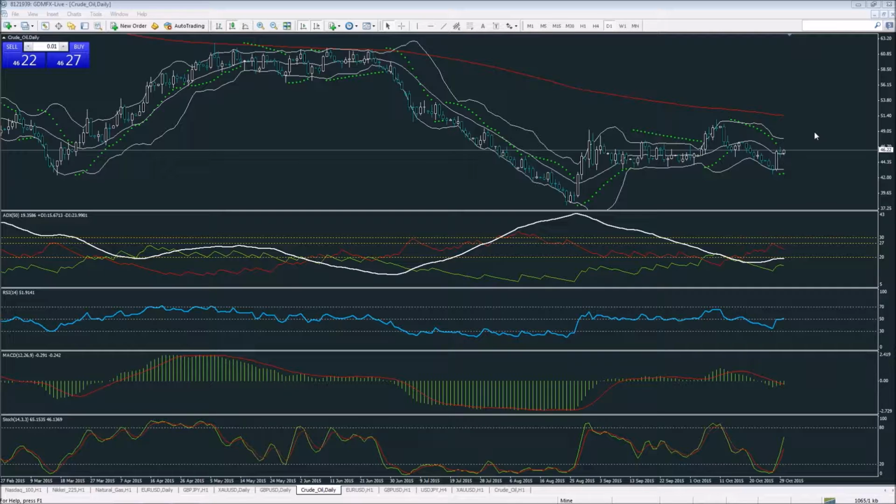Basically, if we get an announcement, let's say, that some particular oil rig in the Middle East has been shot by rebels, for example, we can see oil climbing $3, $4, $5 even for one day, which is a major movement in oil price.